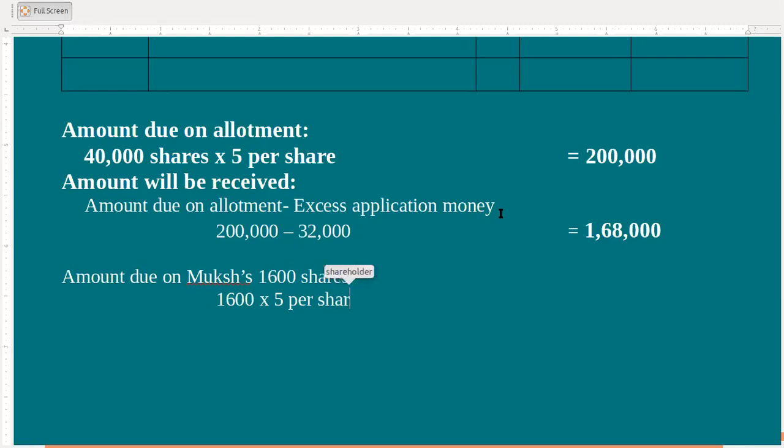What is the amount actually due on Mukesh's 1,600 shares? Just multiply this one, 1,600 into 5. It is rupees 8,000.